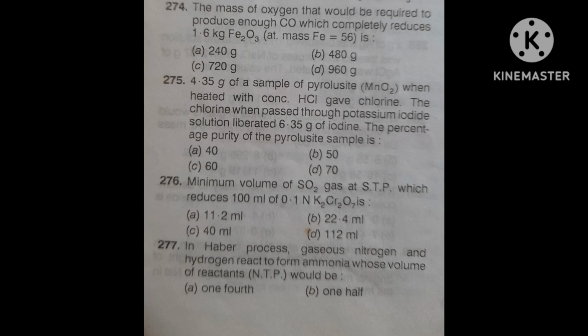After adding, 112 plus 48 you get 160, into 2 because there are 2 Fe2O3, then 320 kg. It means for 320 kg Fe2O3 you require 96 kg oxygen.